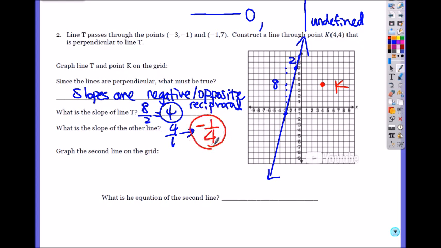So this means down 1, run 4 to the right. Run means always from left to right. So from this point, down 1, and 1, 2, 3, 4. And again, give me at least 3 points. If you want to go to the other side, we go left 4, 1, 2, 3, 4, and up 1.